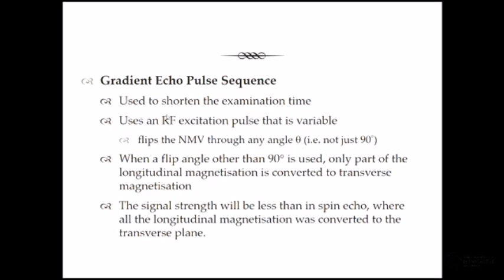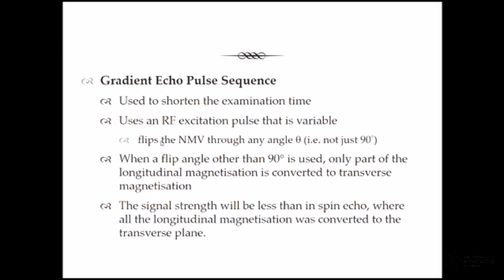The other thing that we see differently is that it uses an excitation pulse that's variable. So before, where we were talking about a 90-degree pulse, it might be different than that. So it will use an excitation angle that we'll refer to as theta, but theta can be anything from 1 to 120 degrees, depending on what contrast mechanism we want to make, and also depending on how fast we want to image.